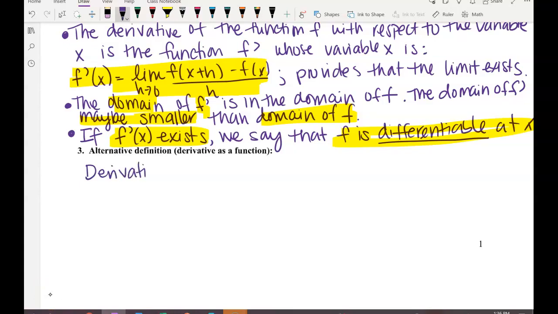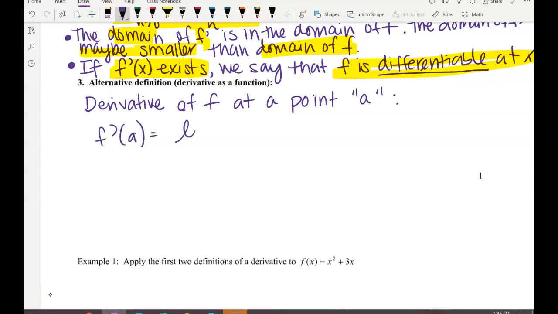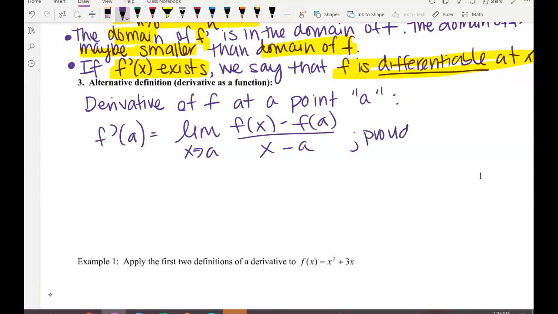The derivative of f at a point, let's call it a, is f prime of a equals the limit as x approaches a of f of x minus f of a all over x minus a, provided that the limit exists.